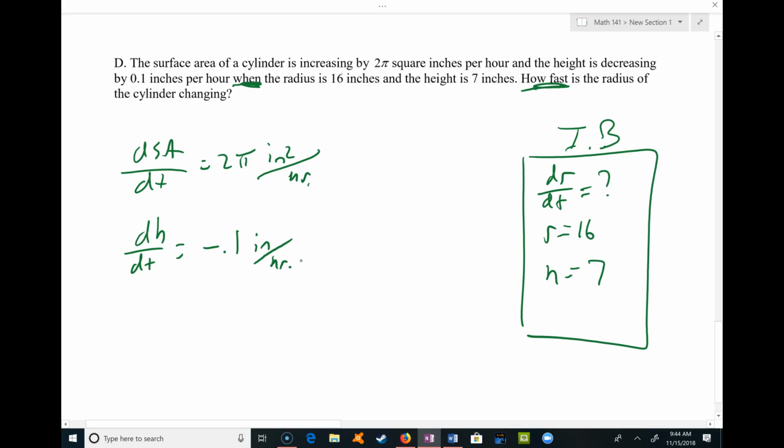So we need a formula that relates dSA dt and dh dt with dr dt, don't we? Because that's the two that I know. Now, if I had one that just related dr dt with dh dt, that would work. I just need some equation that relates this with at least one of those.